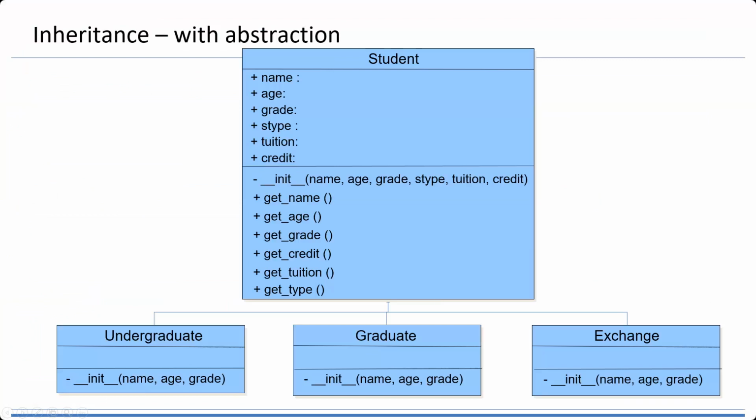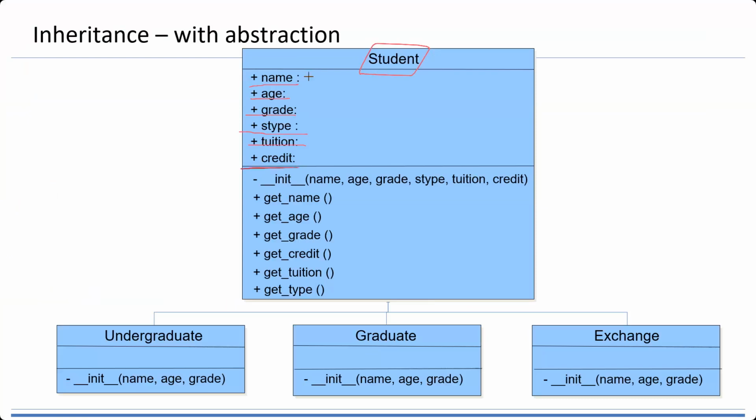Now, when we deal with the inheritance, we can create more details like this one. And we call this abstraction. The abstraction means that for every data that we declare, let's suppose we have a student and we have name, age, grade, type, tuition, and credit.